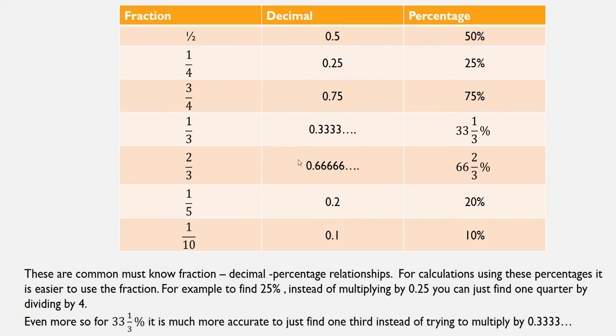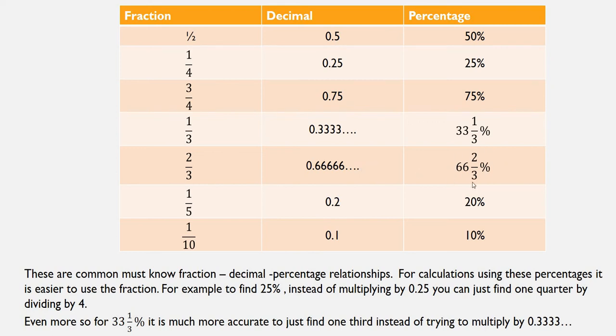Now, these fractions that I've chosen here are easier to calculate as a fraction. 2/3. You'll see if you do 2 divided by 3 on your calculator, you're going to get 0.66666666, and the last digit will be a 7 because your calculator will round up.